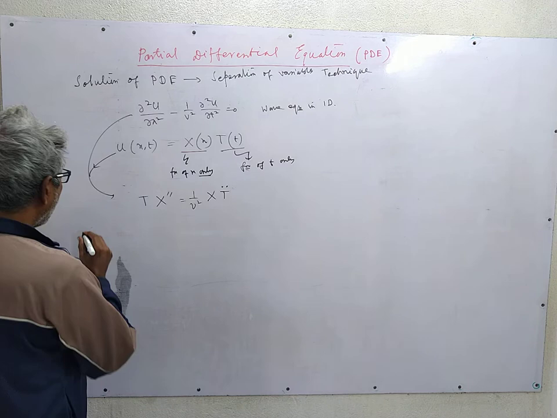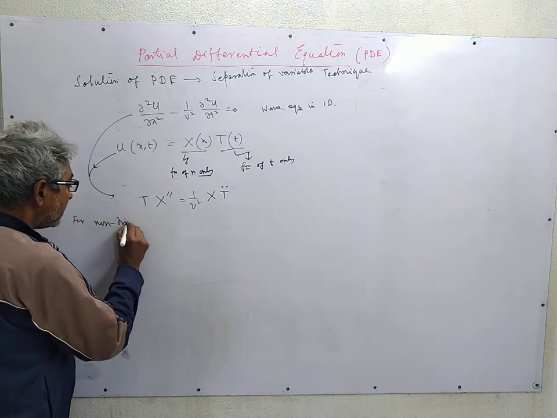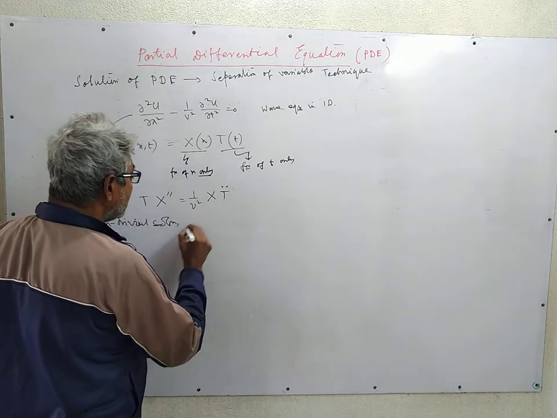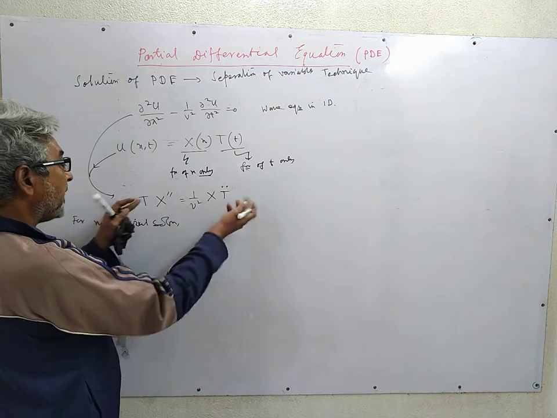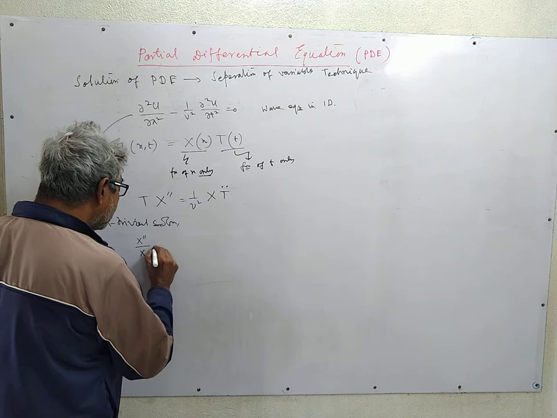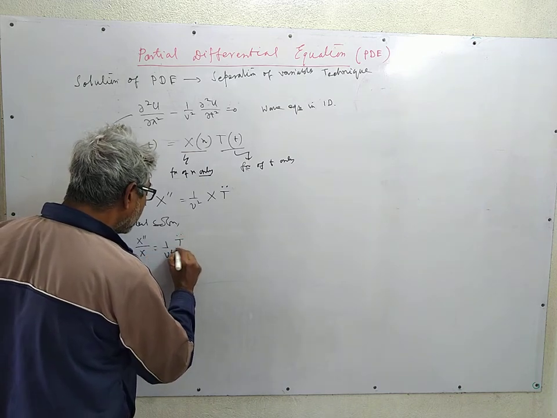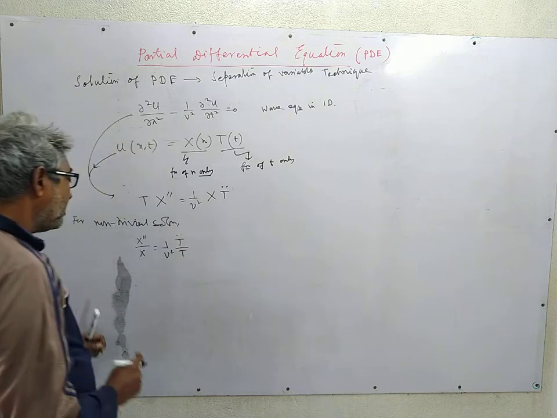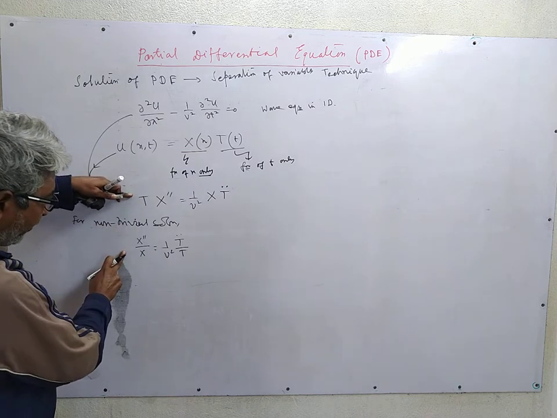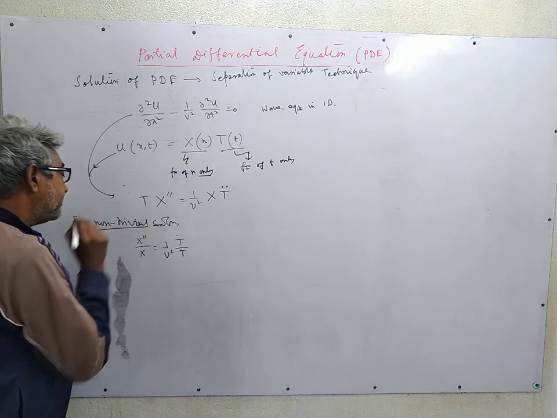So we write for non-trivial solution, we divide both the sides by X and T to get X double prime by X is equal to 1 by v square T double dot by T. The transformation from here to here is possible only for non-trivial solution.